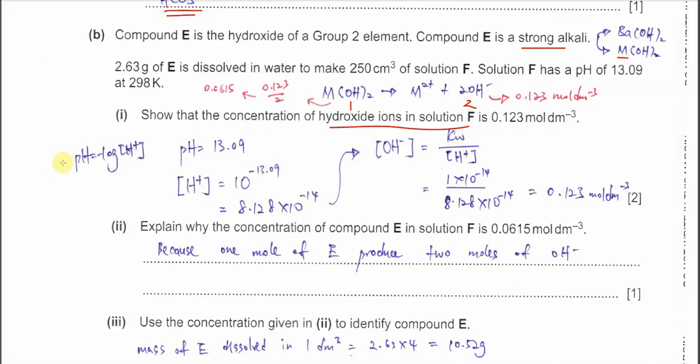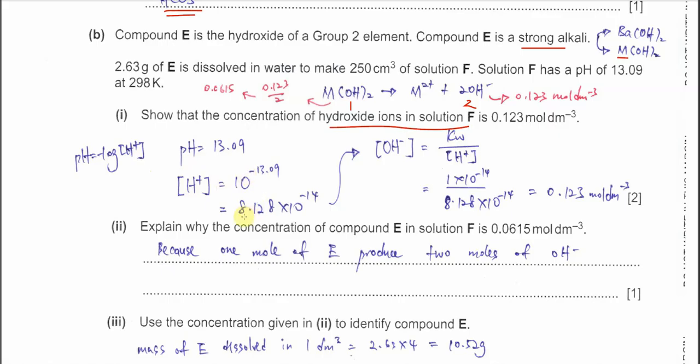First you need to know pH is equal to negative log concentration of H+. The pH is given as 13.09. Therefore we will get the concentration of hydrogen ion, 10 to the power of negative 13.09.